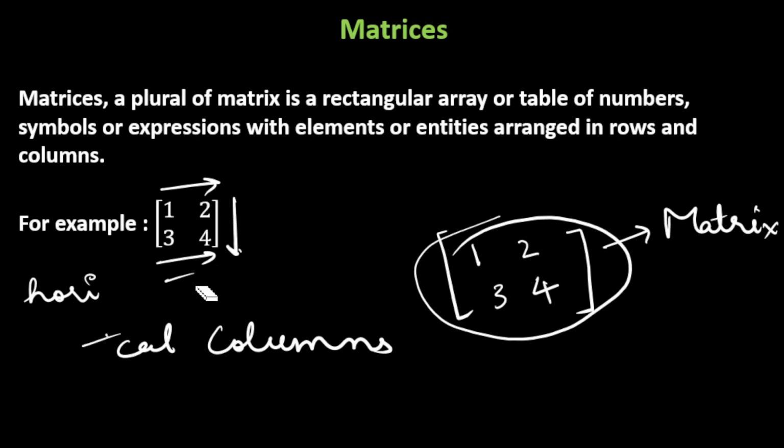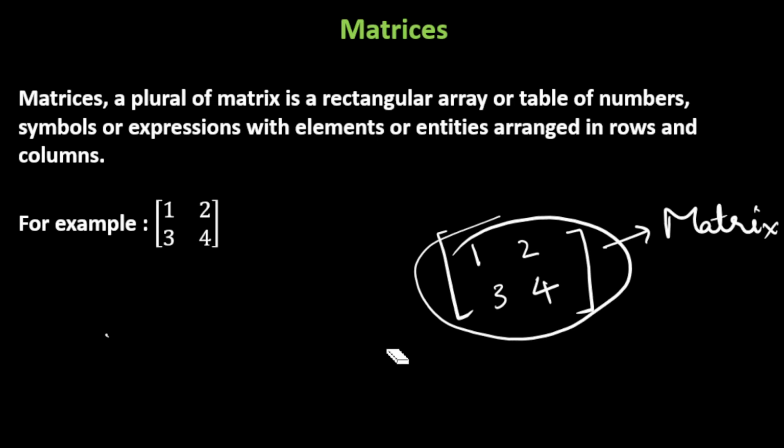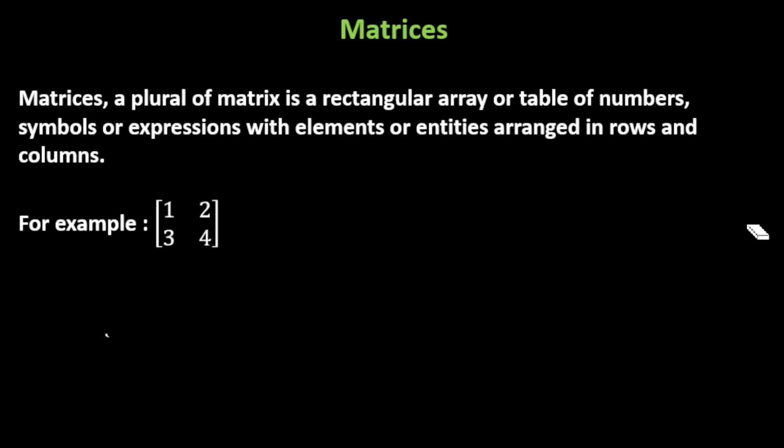You can see in the given example, we have 2 rows and 2 columns, because this is one row, this is another row, and this is one column, this is another column. So in this example, we have 2 rows and 2 columns.